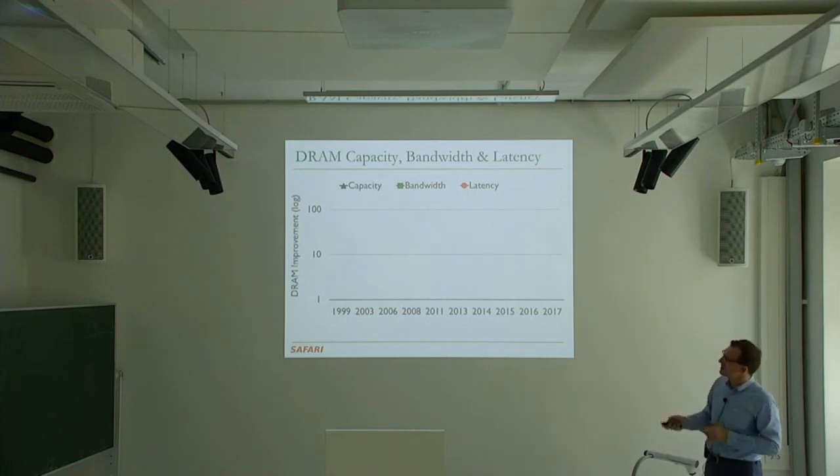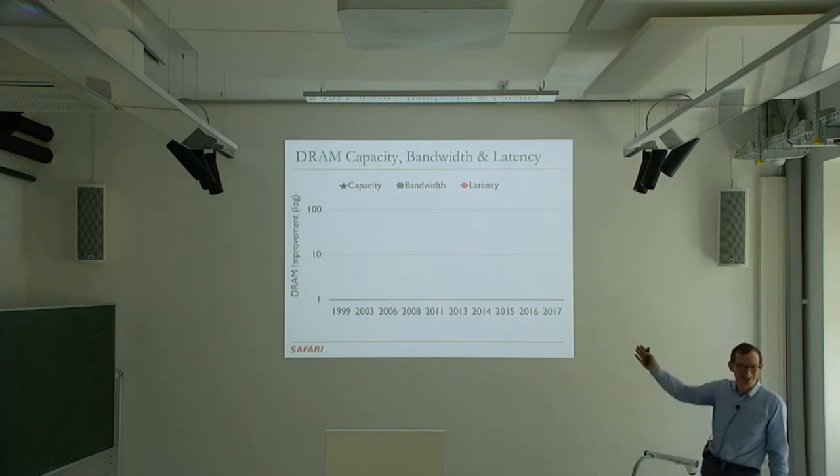So let me ask you the question. How much do you think DRAM capacity has improved over the last 18 years that are depicted here? Any takers? It's okay to be wrong, because I'm going to give you the right answer. 32x? Okay, any other takers?